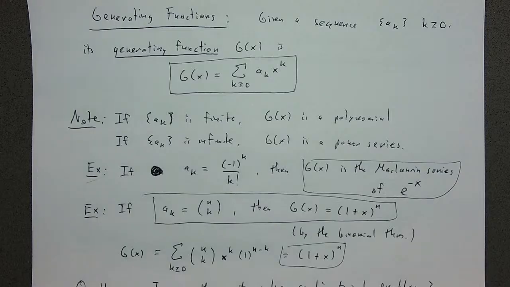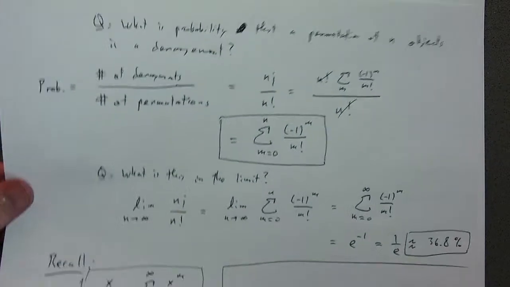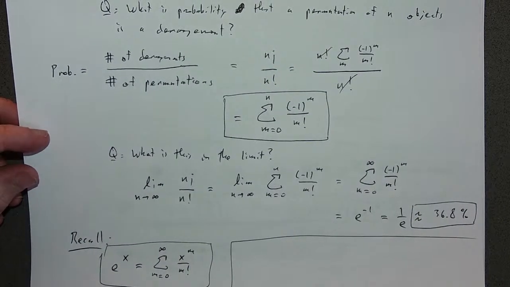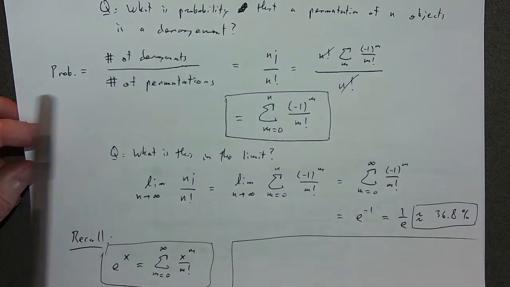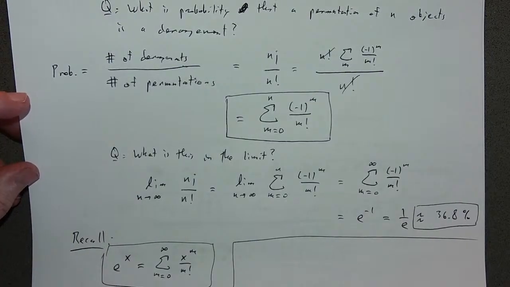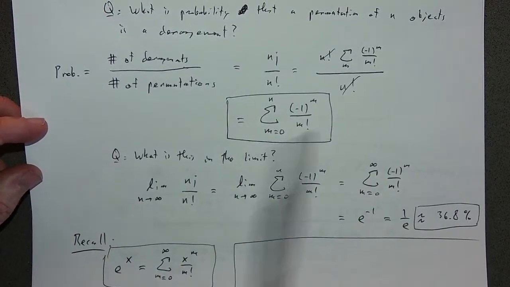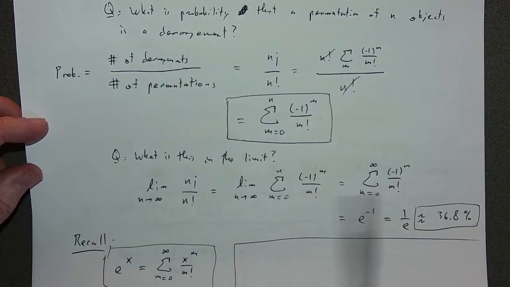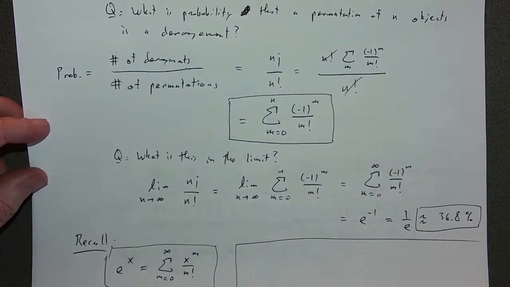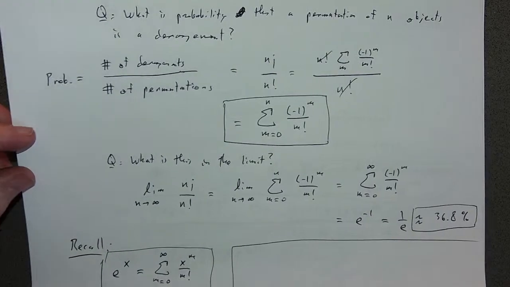We first saw this in the example right before, where I was asking about the probability of a given configuration of shuffling student quizzes being a derangement. And we saw that this power series for the exponential function showed up in that example.